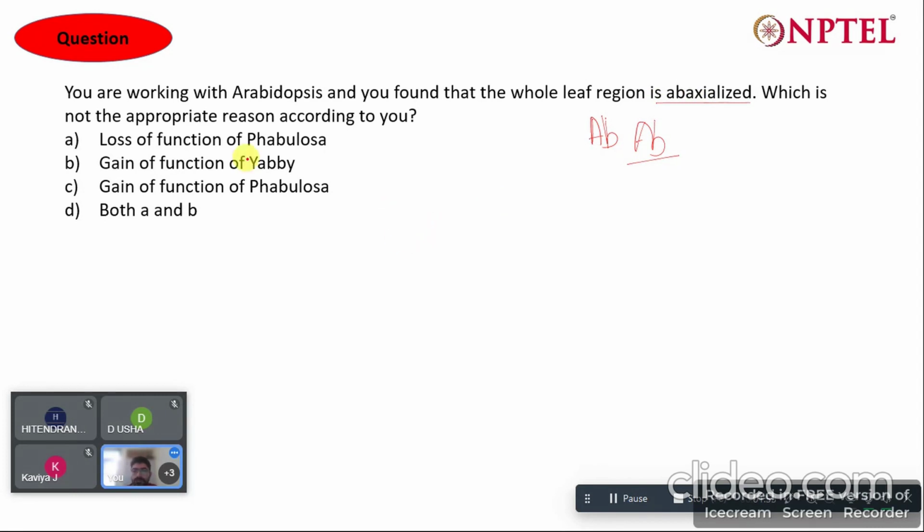Is it a loss of function mutation of fabulosa, gain of function of YABBY, gain of function of fabulosa, or both A and B? So can anybody take a guess? Option C, sir. Gain of function of fabulosa, sir. Okay. Any more guesses?